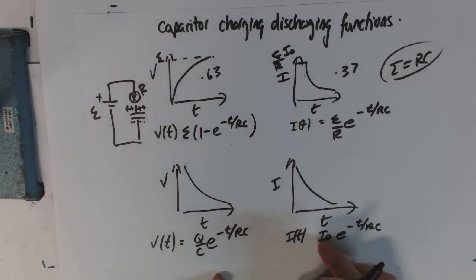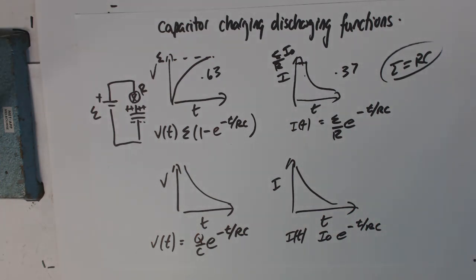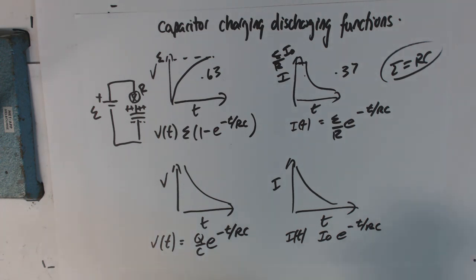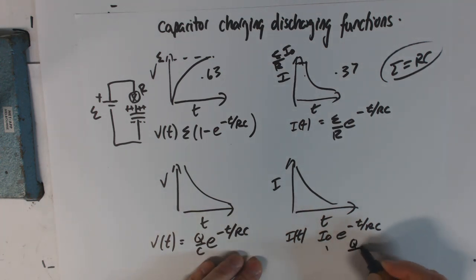The I naught here we could have written also as Q over RC, right? Current being the voltage on the capacitor divided by the resistance, the voltage being charge over capacitance. So we could have written that one also as Q over RC.